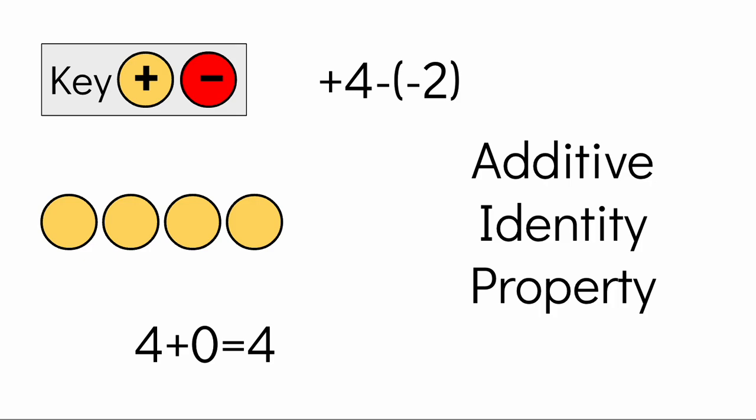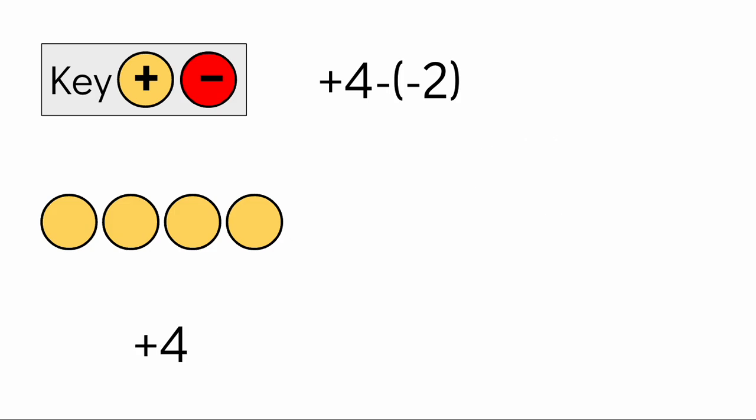This is called the additive identity property. 4 plus 0 is still 4. In this case, we want to add as many zero pairs as necessary to have at least 2 red counters to take away.